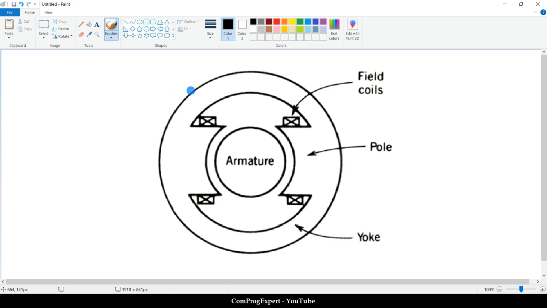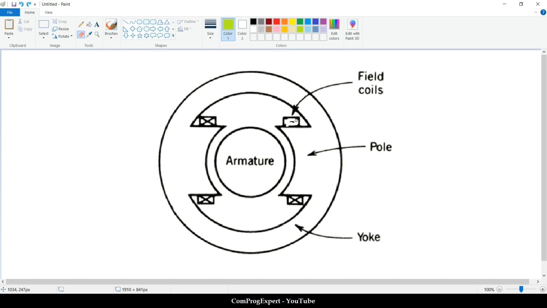This is the stationary part, the stator, and this is the rotor part. So this is the stator and this is the rotor or armature. So let me explain this one first.